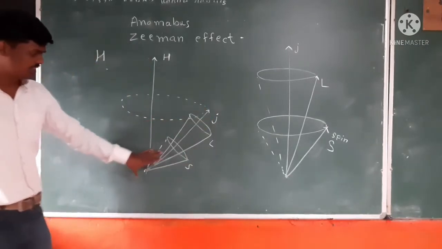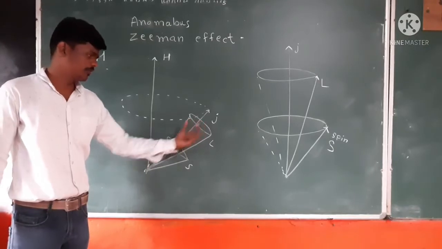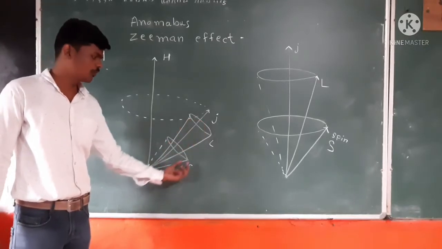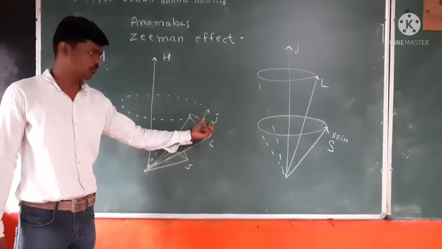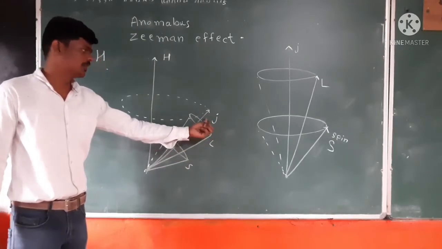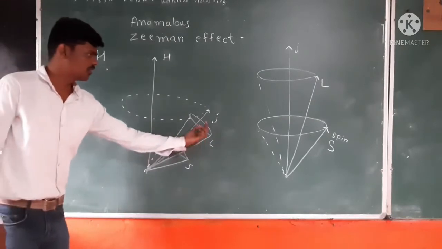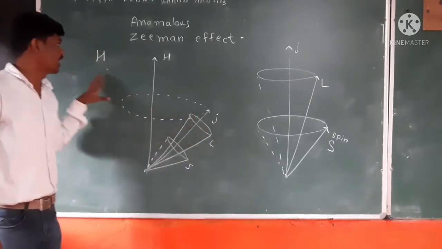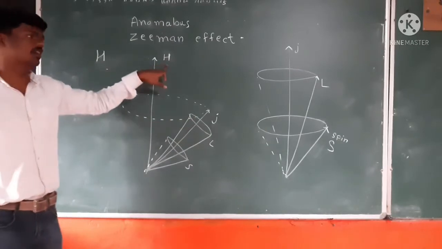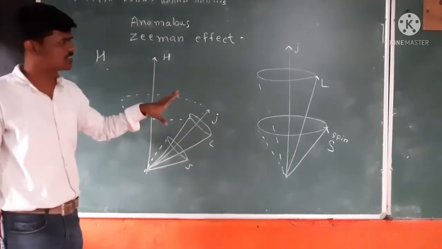So here we have the spin angular momentum, the orbital angular momentum, and their resultant J, which is the total angular momentum of that atom, and it will precess around the externally applied magnetic field H. This is the concept.